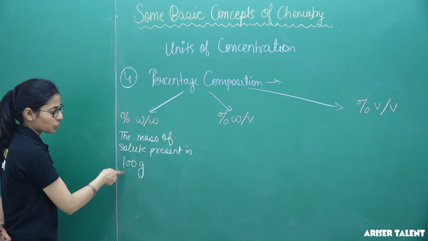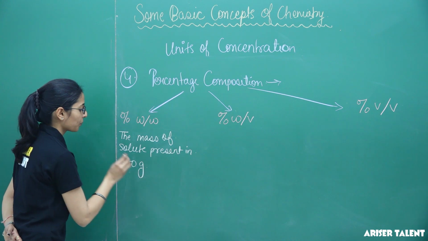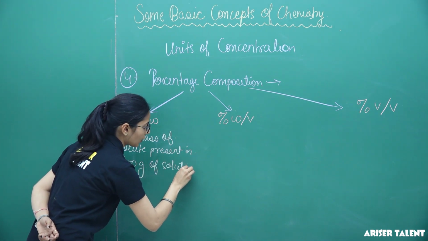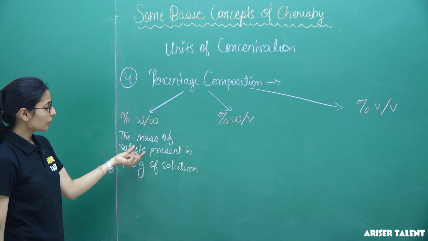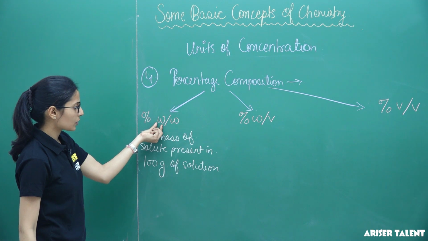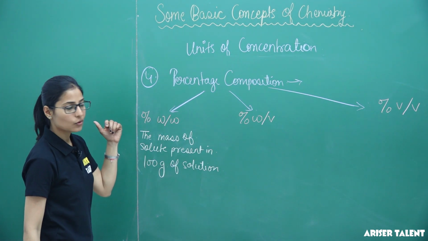It is percentage, that is why we are writing 100, and since it is weight, we are writing it as 100 gram of solution. So, the mass of the solute which is present in 100 gram of the solution. This is what percentage weight by weight is.